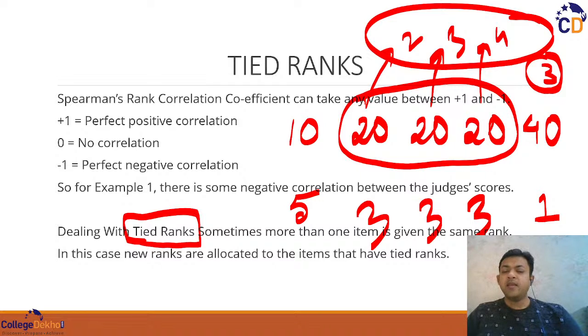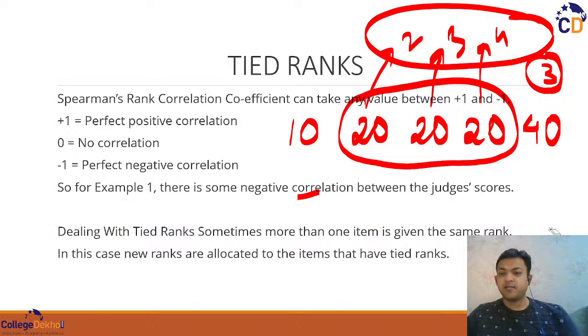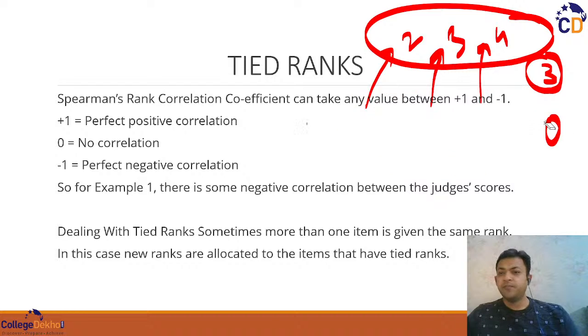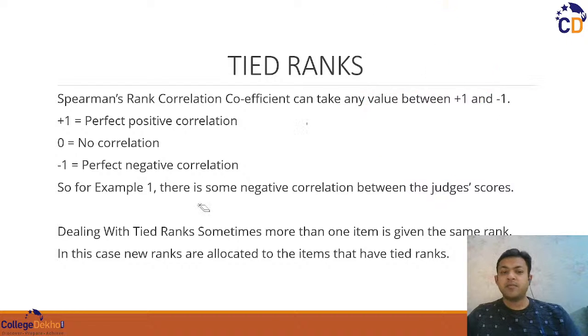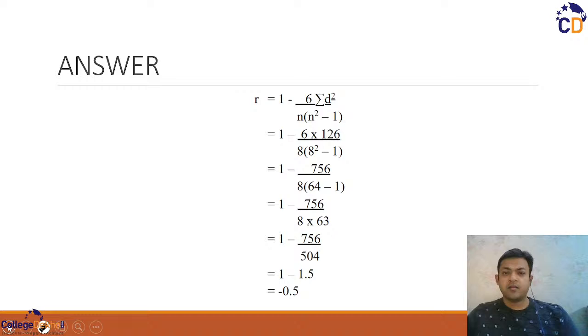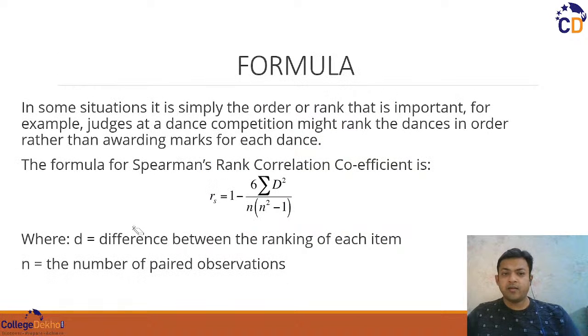In case of tied ranks, the formula takes a small twist from the original formula. Before we go on to the formula for tied ranks, let us quickly have a look at the formula for the normal case, as the formulas are quite similar to each other.